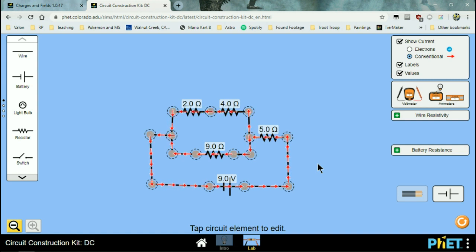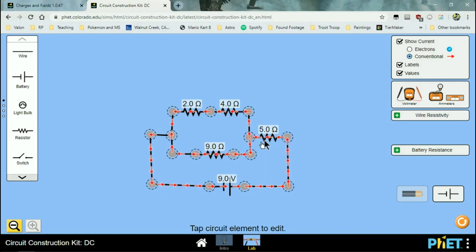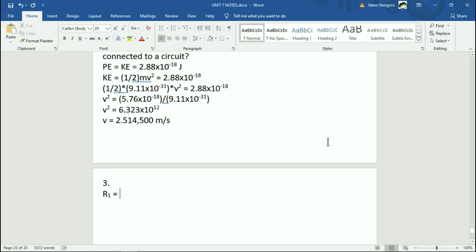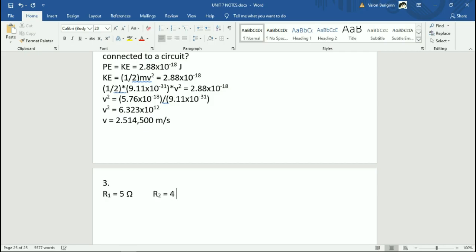My question is basically like the circuit worksheet. Let's go in order: R1 is the 5, R2 is the 4, R3 is the 2, and R4 is the 9. Then we have our total over here.